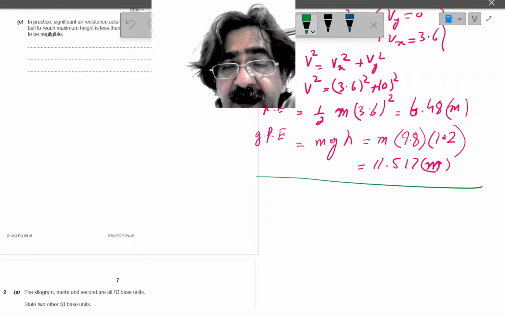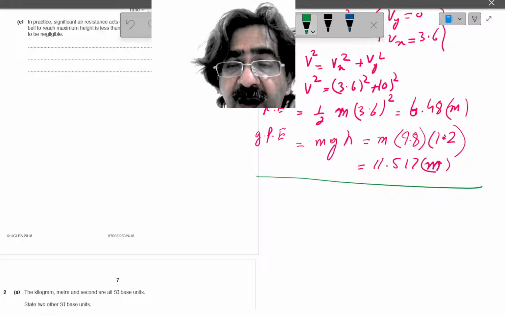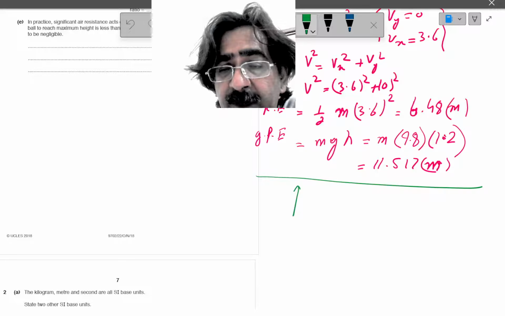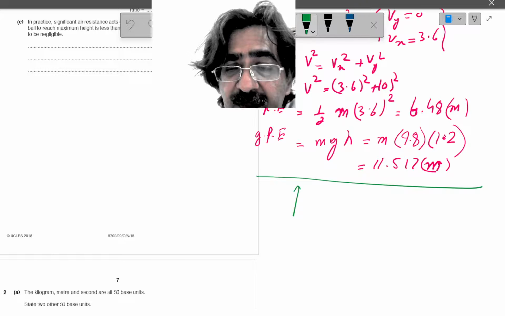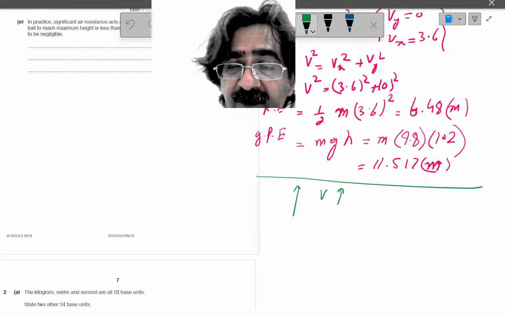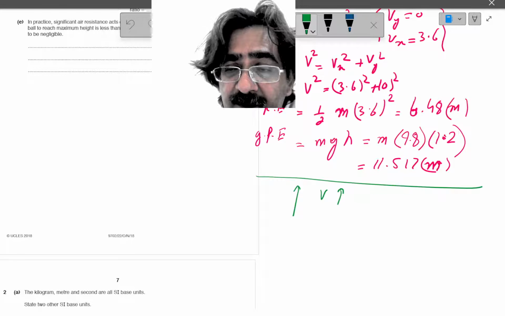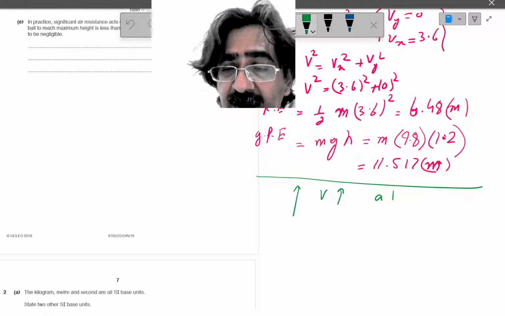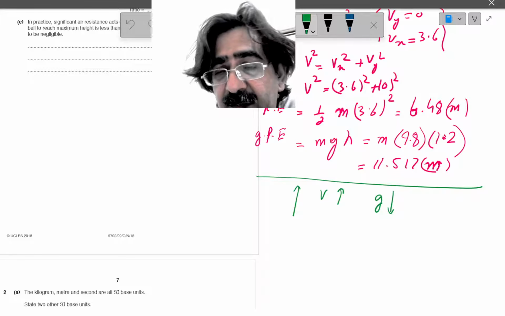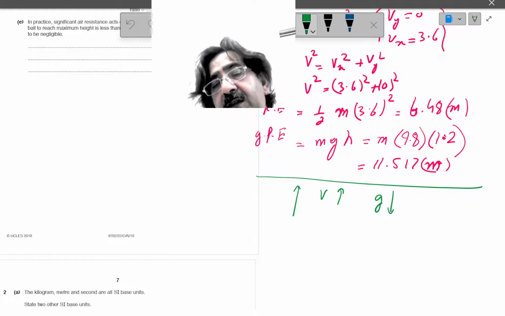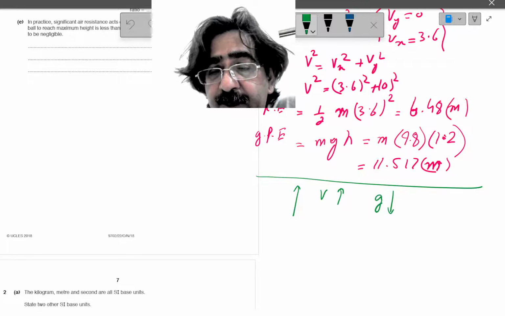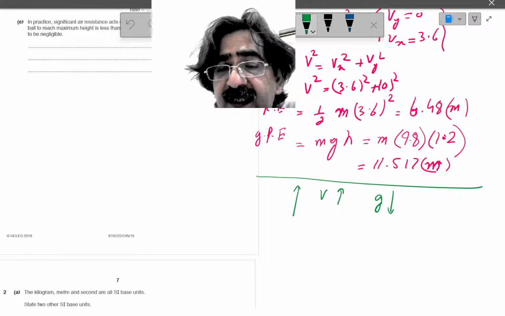When the ball moves upward, the velocity will be upward, but the acceleration will be downward. The acceleration due to gravity is downward, and it will reduce its speed.